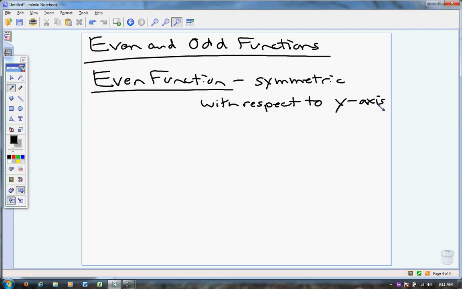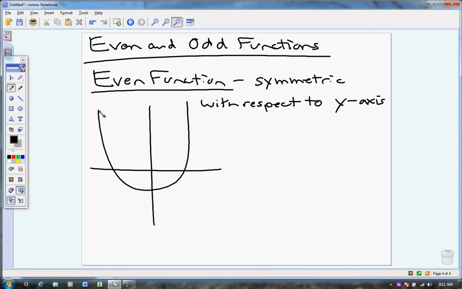The classic example is kind of a normal parabola. Okay? That thing is symmetric with respect to the y-axis. If I were to fold it on the y-axis, it would lay on top of each other. All right? So let's say that this particular parabola was moved down 3 units.